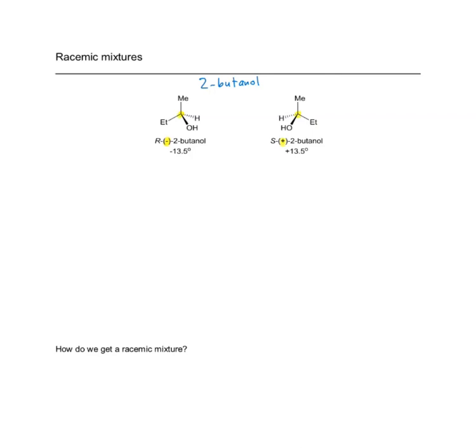So remember, R and S are just arbitrary. It's based on a system of naming rules that somebody came up with, or actually three guys came up with, and has nothing to do with anything physical, whereas the plus and minus do. In this case, for the butanols, we have these numbers, and these are the actual magnitudes by which the plane polarized light was rotated. Each of these is referred to as a specific rotation.